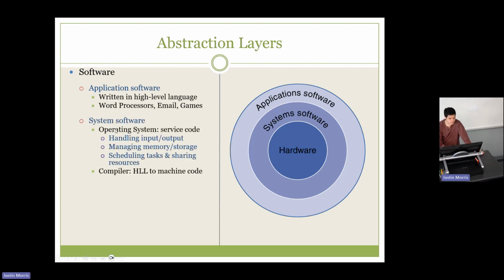And then there's system software that is part of the operating system. It handles your inputs and outputs and manages the memory: how much memory each application gets, what section of memory they get, how much CPU time they get, and switching which program is on which core of the CPU at a given time.